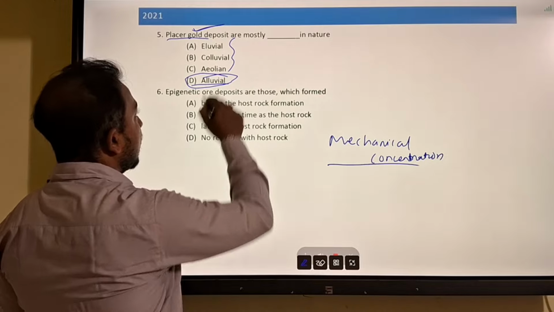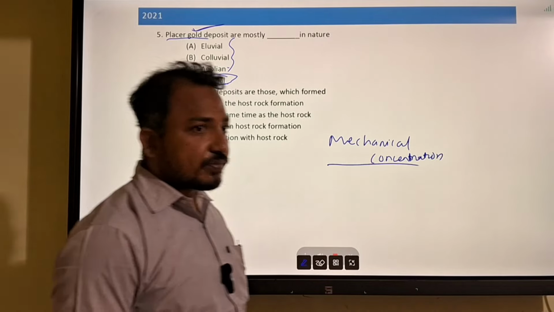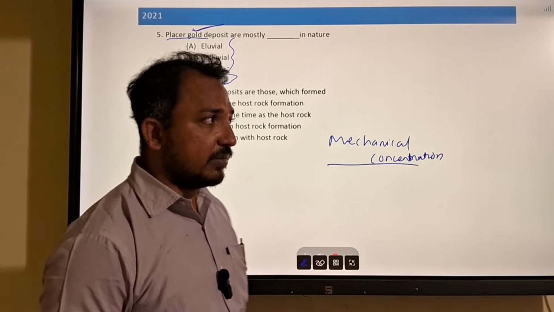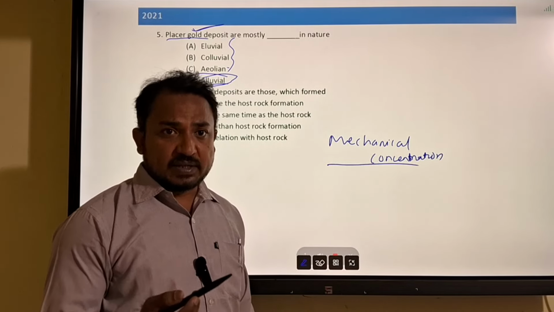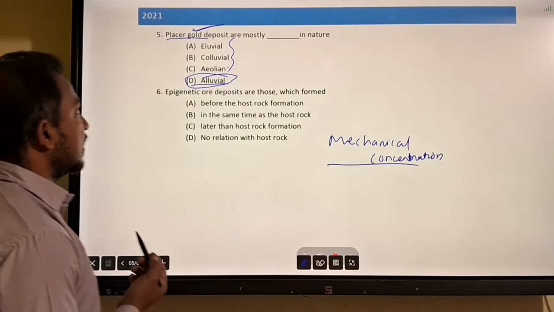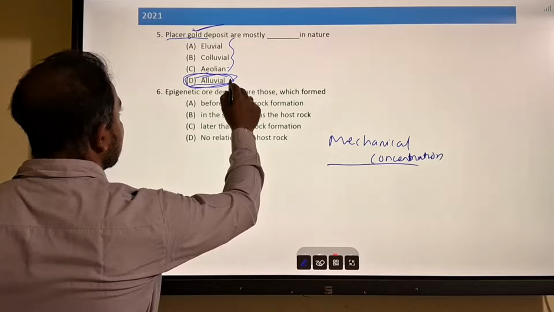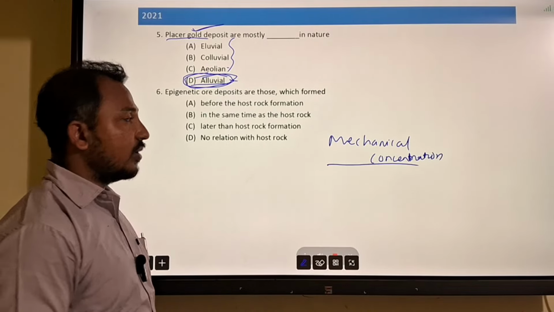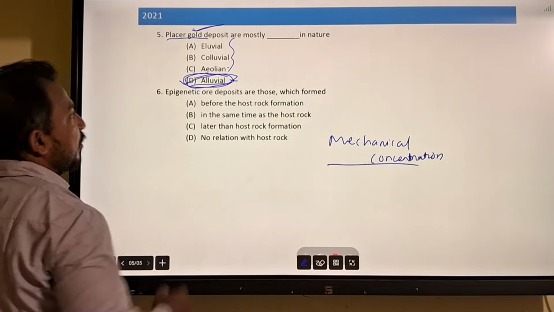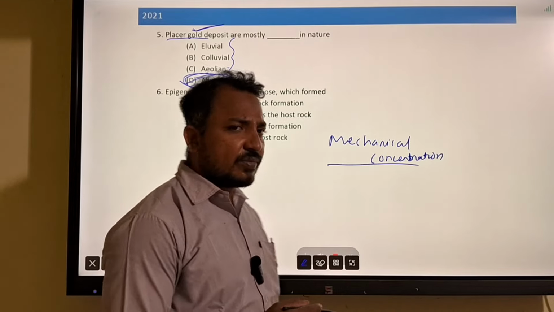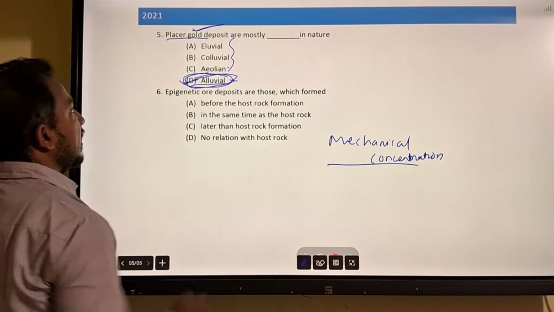All others are not that potential. In aeolian deposition, you will get rare earth elements, or rare earth elements are also found in beach placer, mainly in beach placer. So alluvial has the potential to produce placer deposits. The more appropriate answer here will be alluvial. So placer gold deposition occurs in the alluvial region.